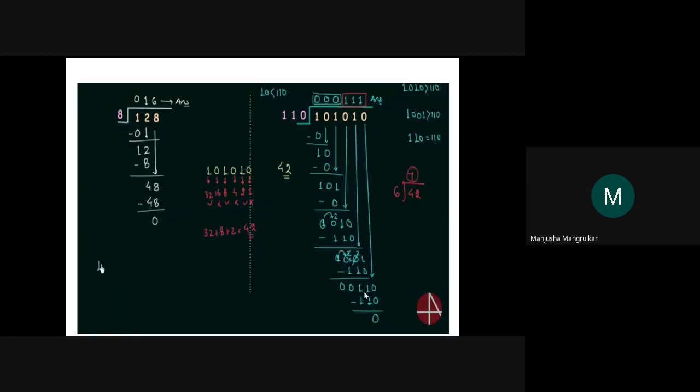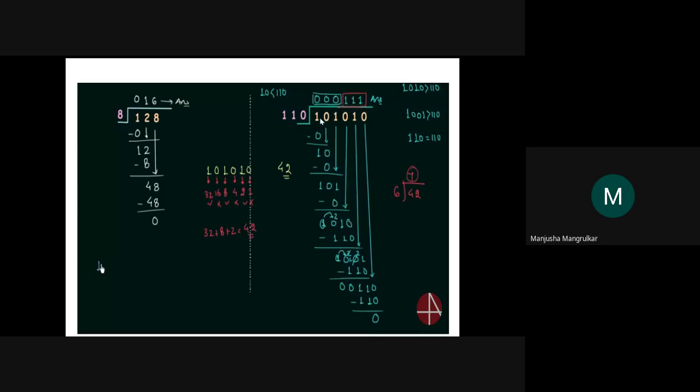Now 11 is less than the divisor, so we take the next bit. So 110 is greater than or equal to 110, so it is into 1. What we get is 110 minus 110, and our remainder will be 0. Leaving out the MSB 0, our result is 111.